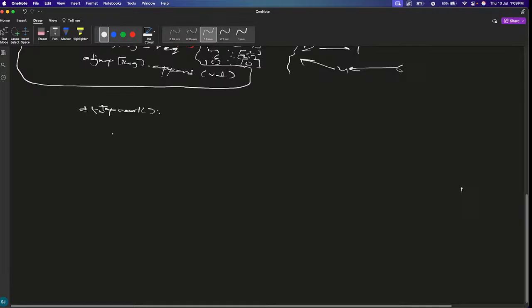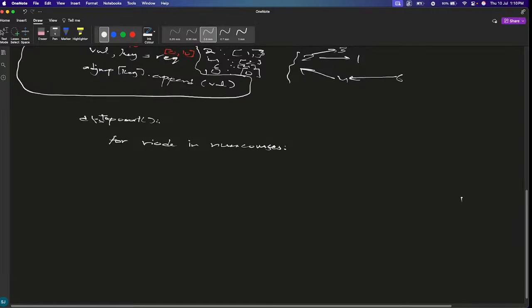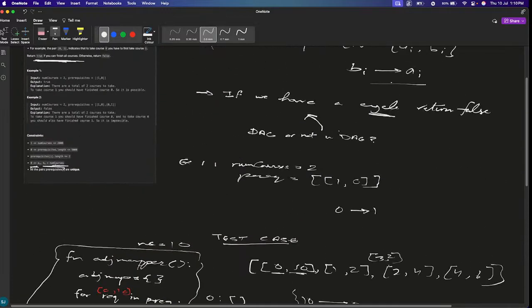We'll start with for node in number of courses, because remember, the constraint says that anything in prerequisites is within num courses.